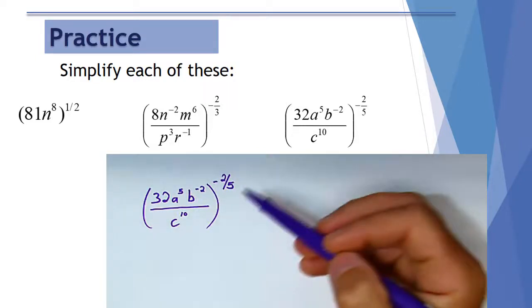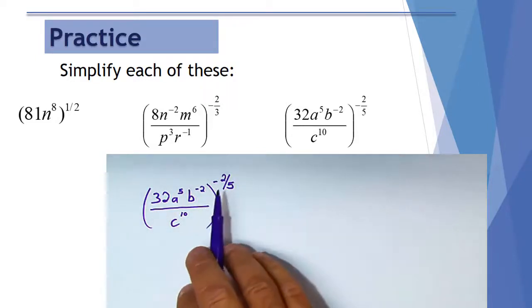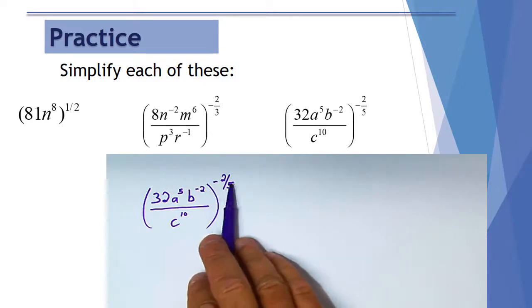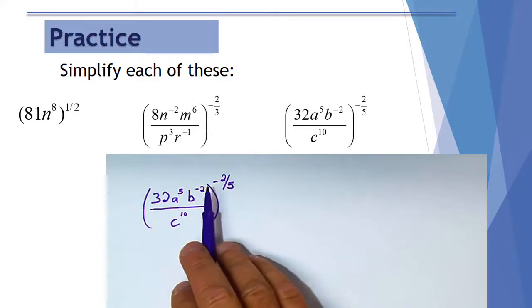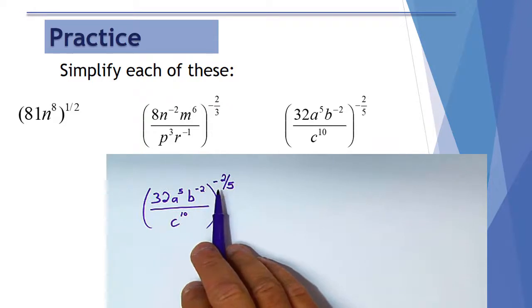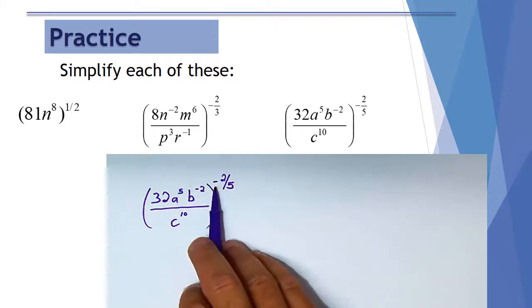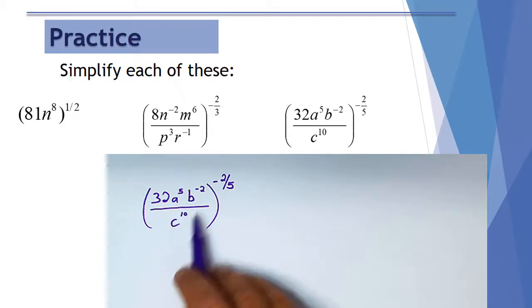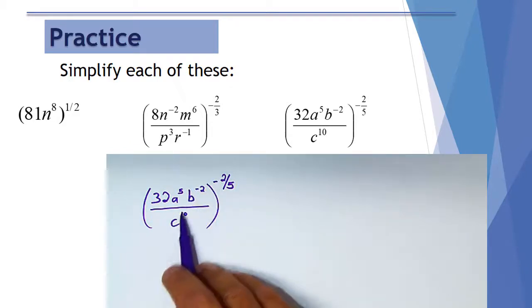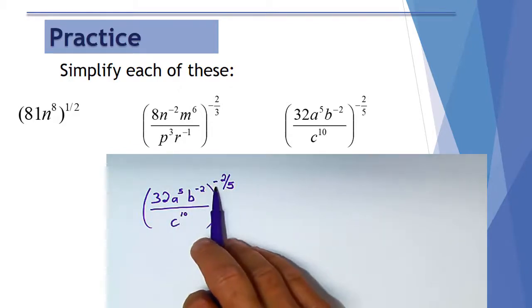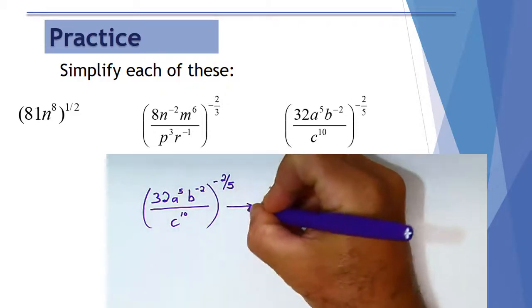Okay, for our last one, I'm going to take a little bit different approach. What does that negative exponent of 2/5 mean again? That negative sign means reciprocal, right? And so instead of applying this individually to all those terms, we can flip over the fraction inside parentheses, and by taking that reciprocal, by flipping it, we are making that a positive exponent.